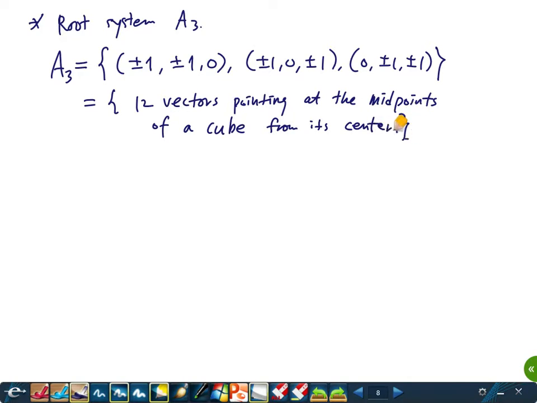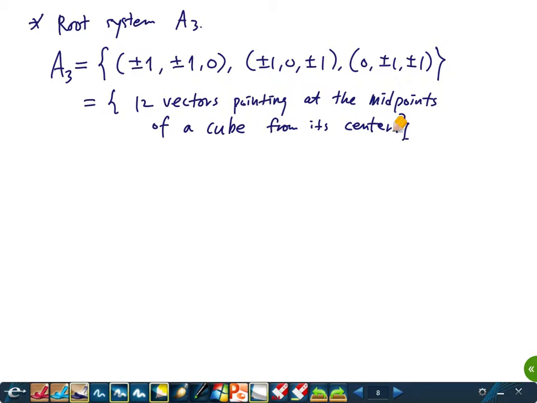There is a nice way to visualize this. As you can see, I brought several models. This is the type A3 root system. We have green edges, or green vectors, coming from the origin. The blue edges form a cube, and every green edge goes from the origin to the midpoint of each side.